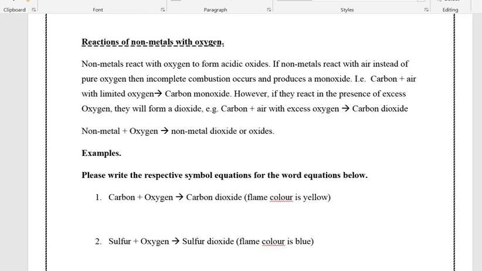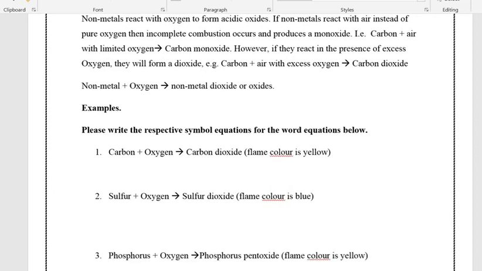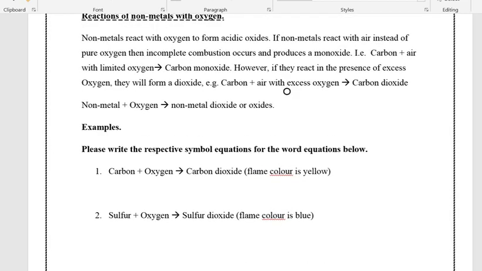We'll find here that when carbon reacts in air, the first example I gave was that if carbon reacts with oxygen, it will produce either carbon monoxide or carbon dioxide.